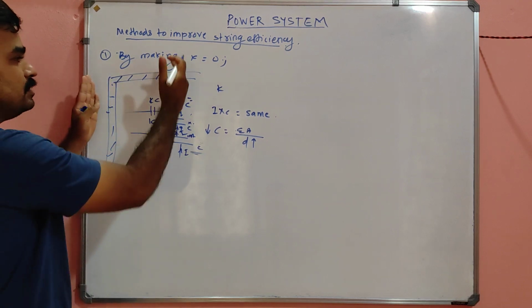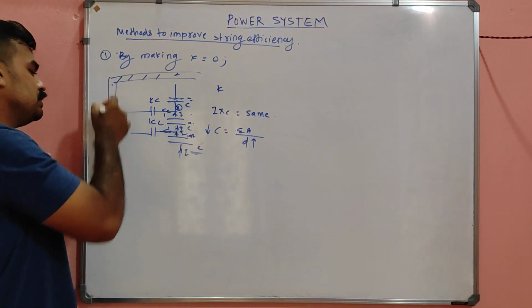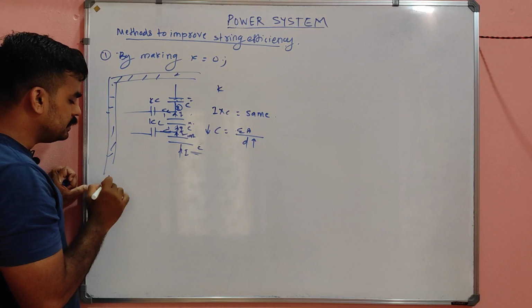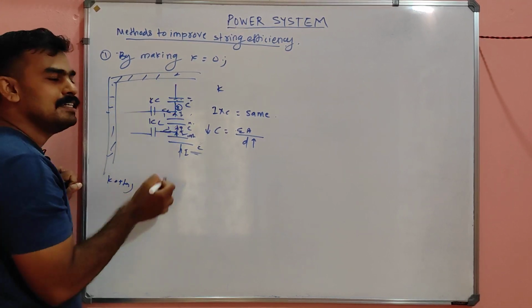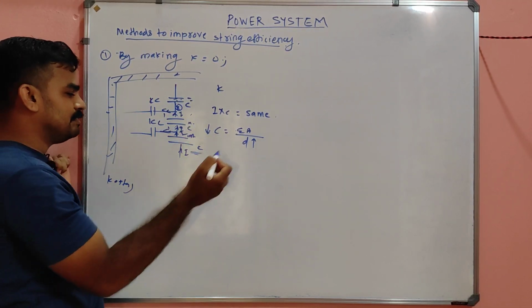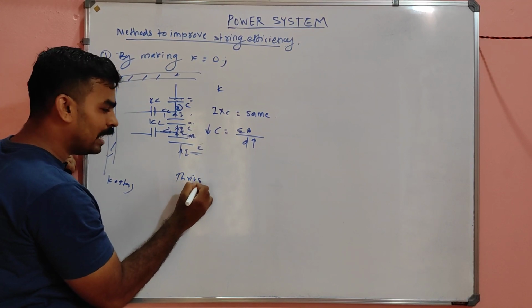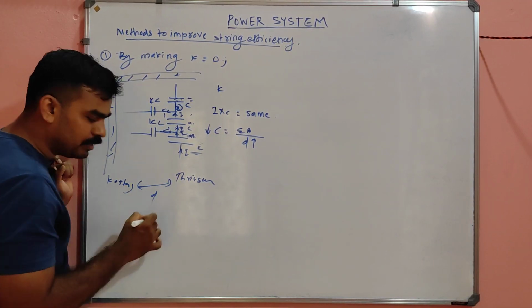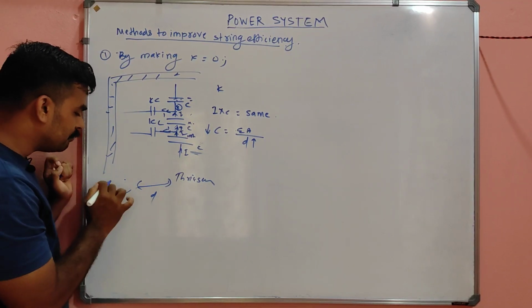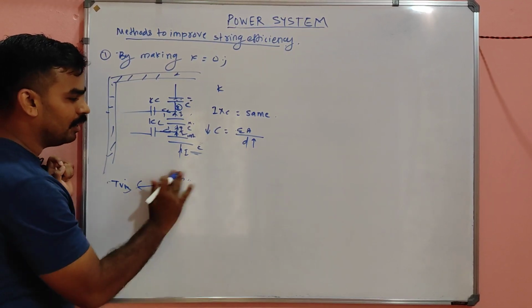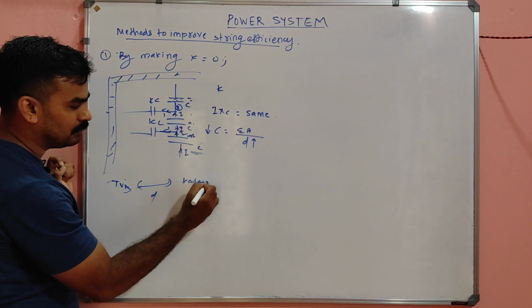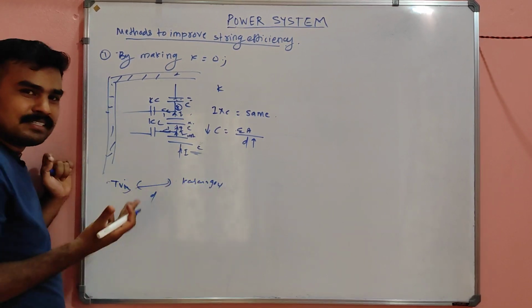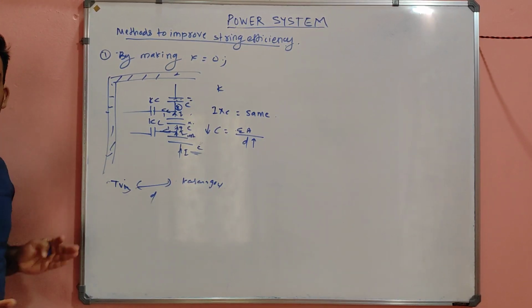This is a cross arm and this is an insulator. Imagine your insulator is in Kottayam. You can't place this insulator at Thrissur, right? It is practically impossible. Or this is in Trivandrum and this is in Kasargod, at both ends. You can't place them like this for making the maximum distance.